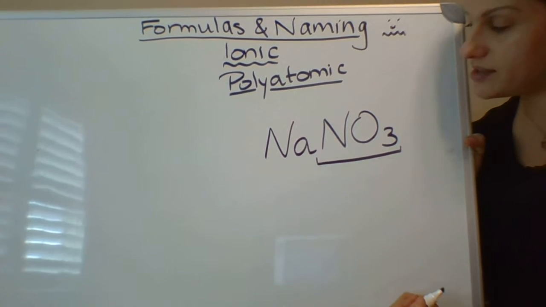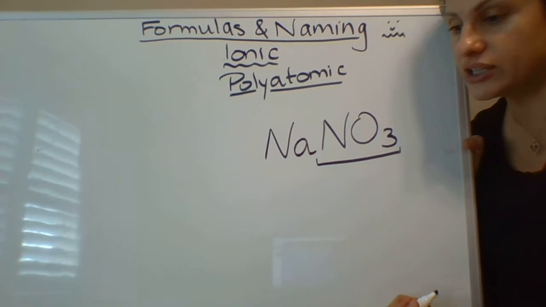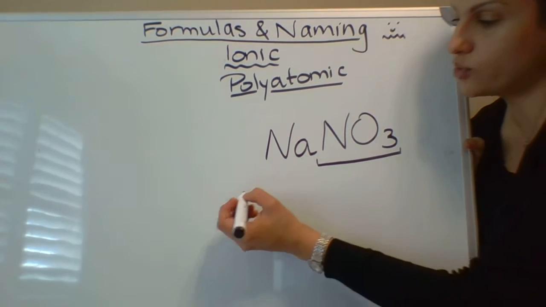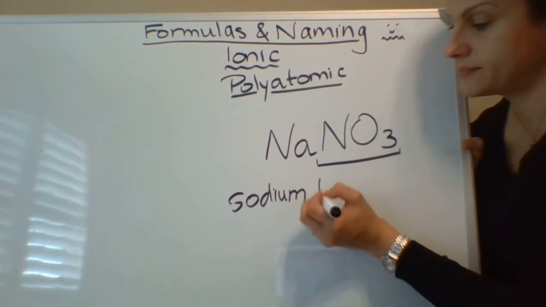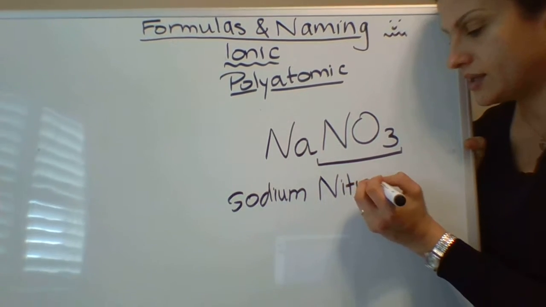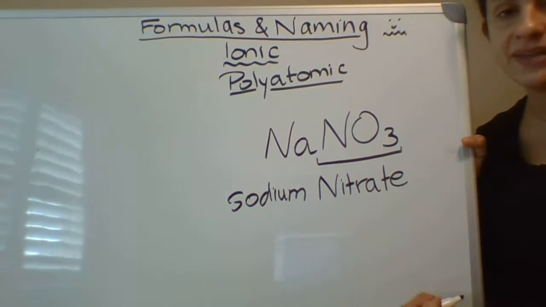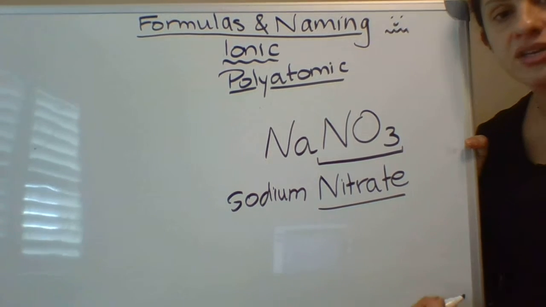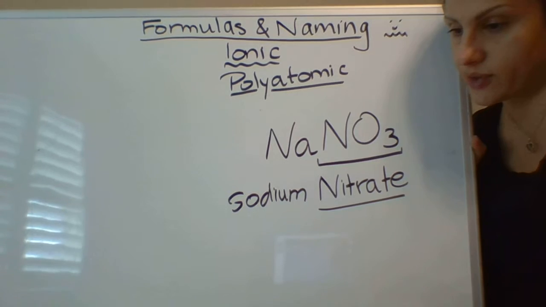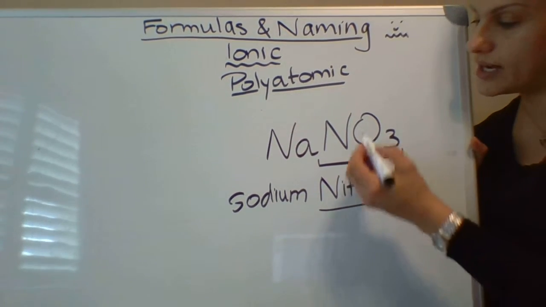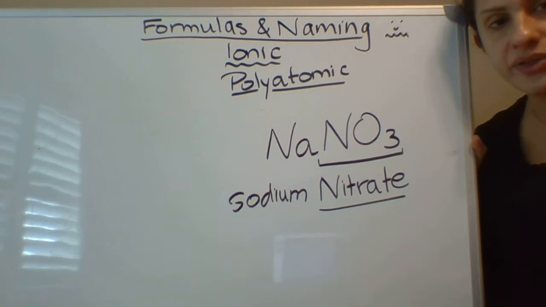And from the list, this polyatomic ion is called nitrate. So you would call this sodium nitrate. Again, this is the name. You do not change it to nitride, because that's a completely different one. Okay? So nitrate is referring to NO3.